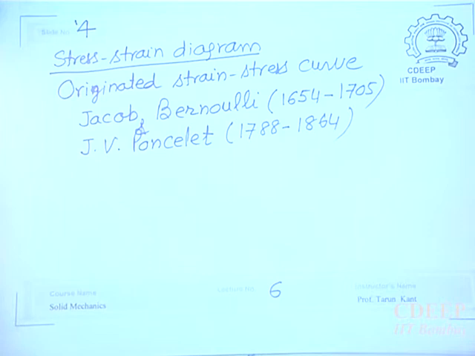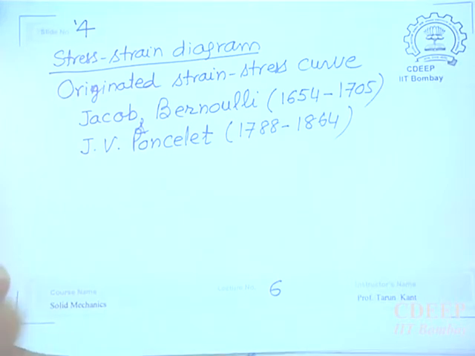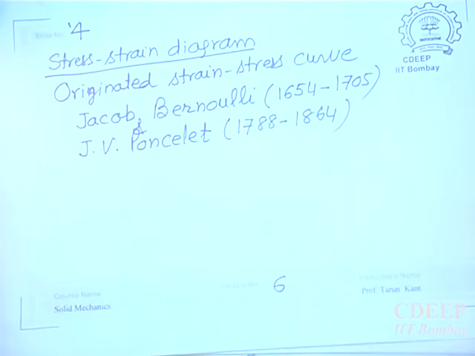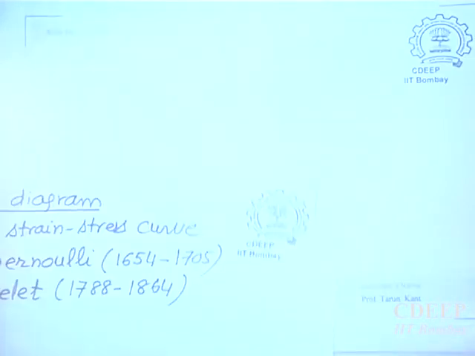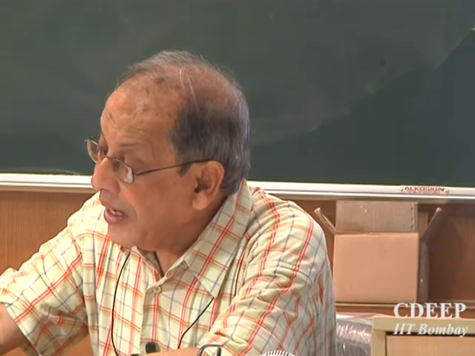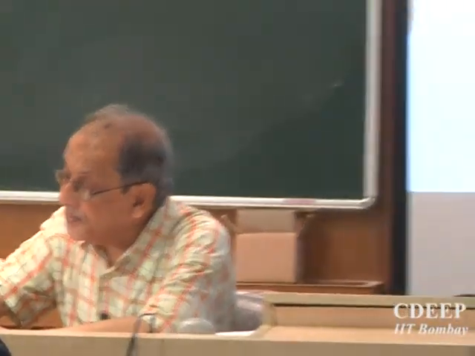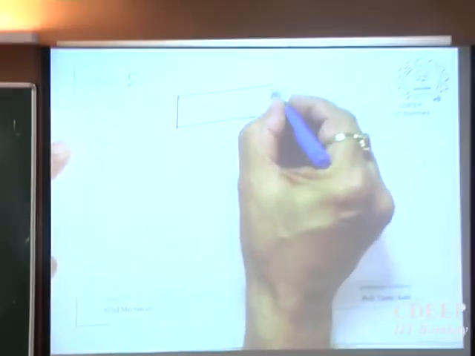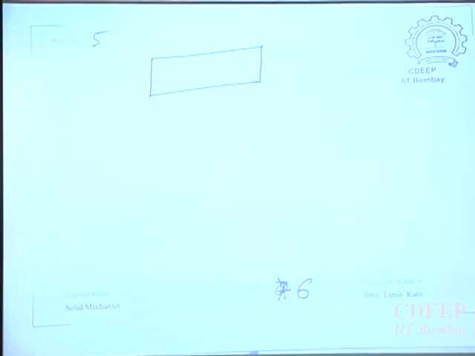You have an idea about Poisson's ratio, then modulus, strain. Now I will take another example. I go to the next problem. I have a small rod, I will not cut it, let us say its size is something, and I put it in hot water.